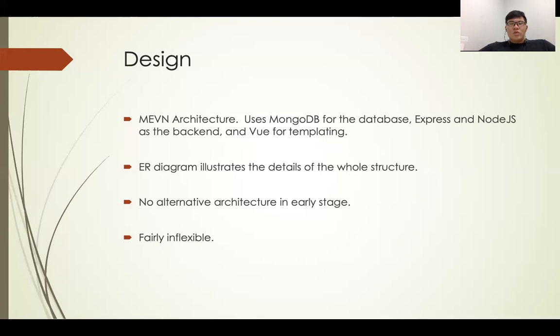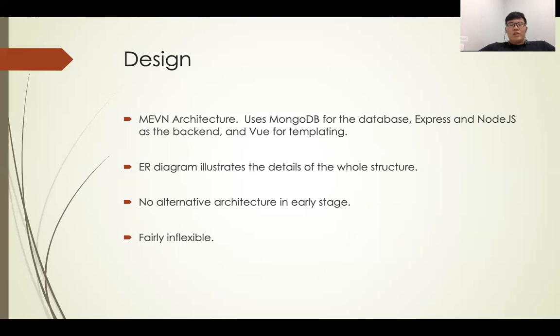Also, the ER diagram is used to design entities, inputs, and outputs derived from the software structures. An ER diagram illustrates the details of the whole structure and the system's data flows.